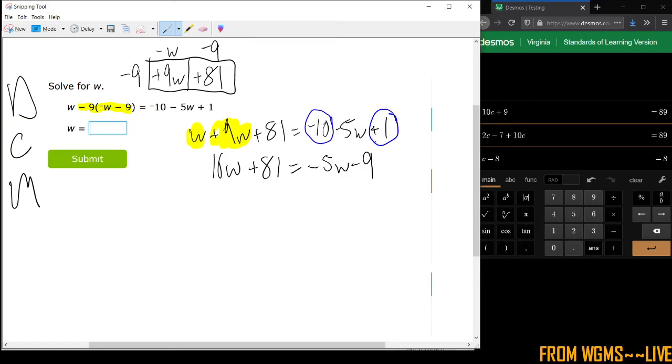So now, what do we want to do? We want to look for the lowest coefficient. So we did the distributive property. Now when we are combining like terms, find lowest coefficient.